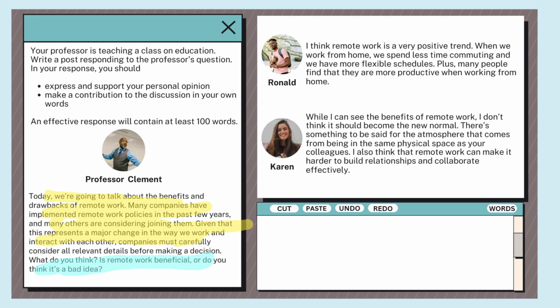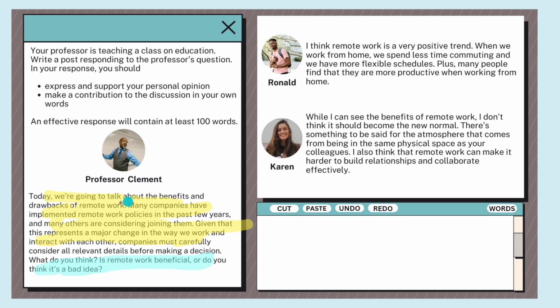This represents a major change, so it's something we should be talking about. This is not the question itself. This is sort of the background and the introduction to the question. It's really designed to get you thinking about the topic and to sort of activate the parts of your brain that might have an opinion about remote work.